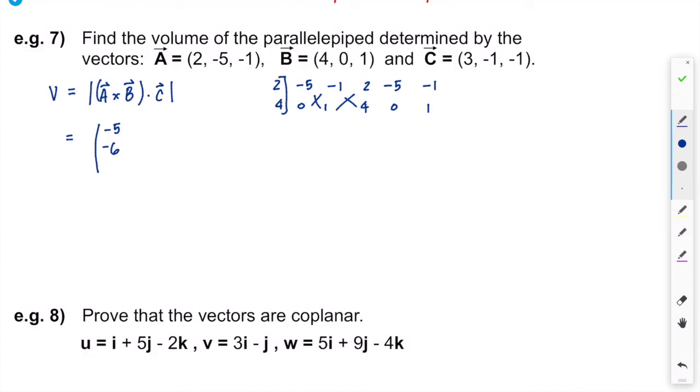And then I have 2 times 0, and then minus 4 times 5, so 20. Okay, and then dot with vector C, 3, -1, -1.